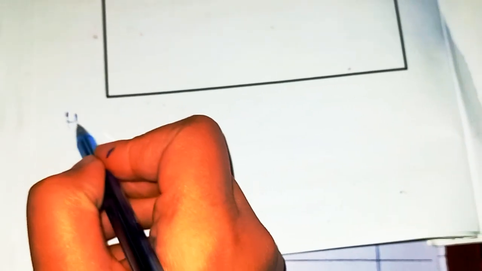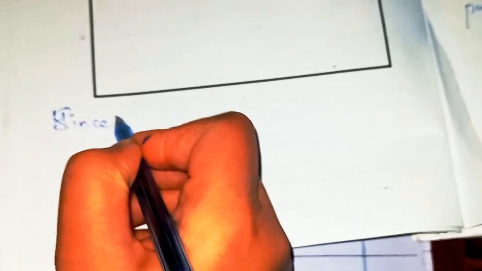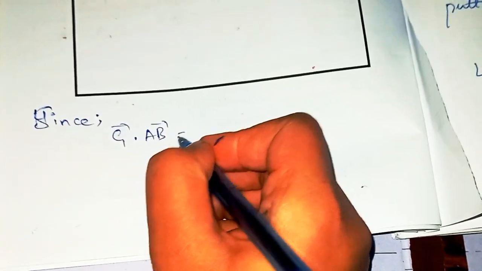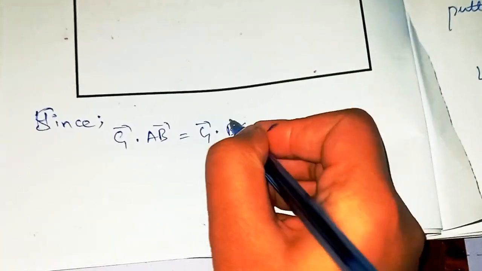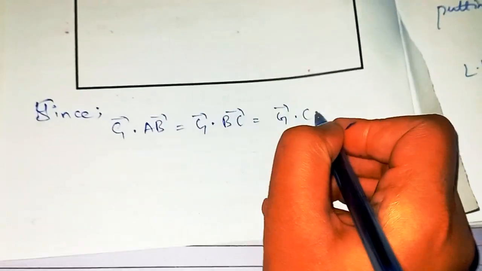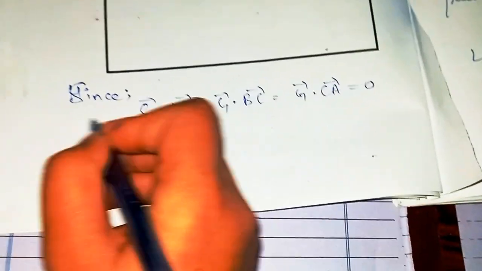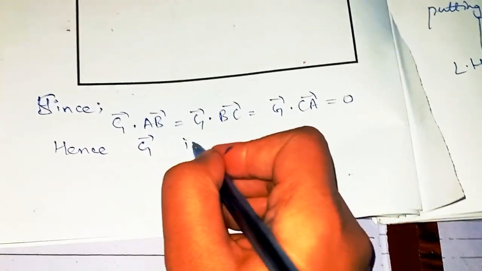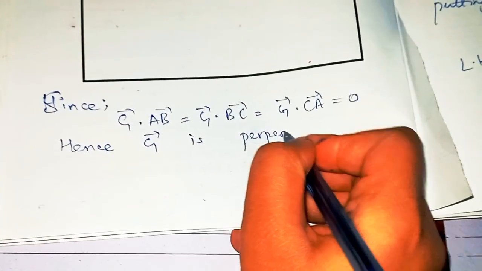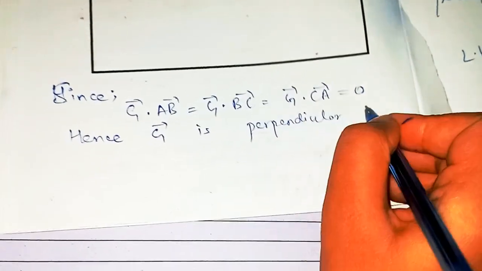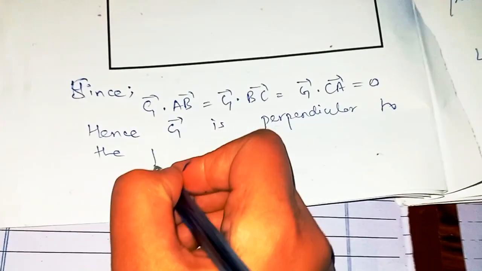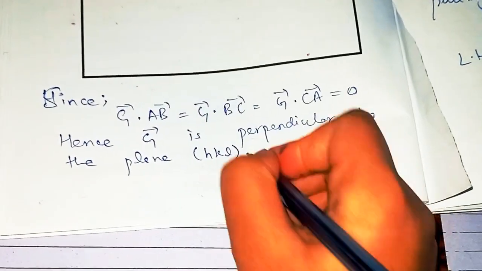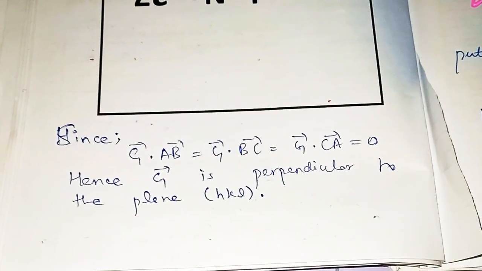We can conclude here, since g dot ab equals g dot bc equals g dot ca equals 0, hence G, which is the reciprocal vector, is perpendicular to the plane HKL. Alright, in that way we have proved it.